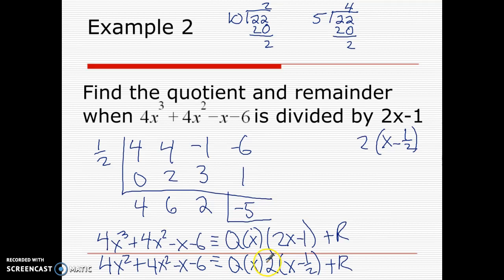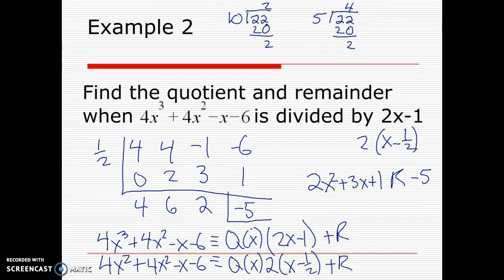I've associated the 2 still with the quotient, so I'm going to factor that 2 out and multiply it back now, right? So I need to factor out the quotient of 2 that's still associated with my quotient and put that back with my divisor, right? So the real quotient is 2x squared plus 3x plus 1 with a remainder of -5. That's the worst R ever. Okay.